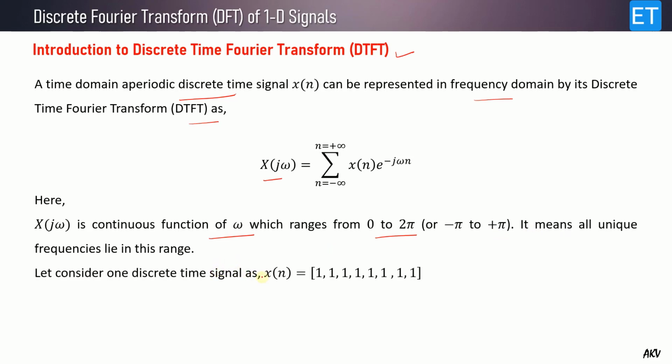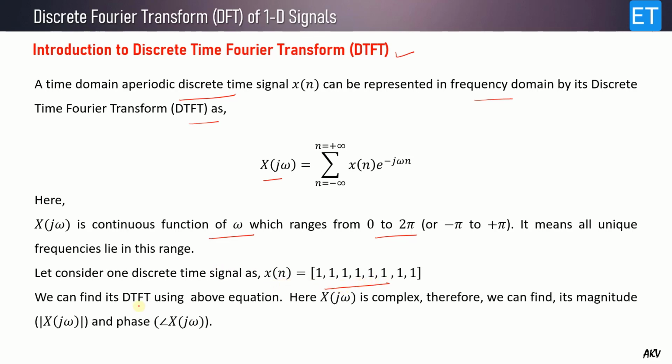Let's consider one discrete time signal x[n], which has 8 samples, all equal to 1. We can find its DTFT by this equation. Here we will see that X(e^jω), the Fourier spectrum of this signal x[n], is actually complex in nature. Since it is complex, we can find its magnitude, that means the mod of it, and the angle, the phase spectrum.